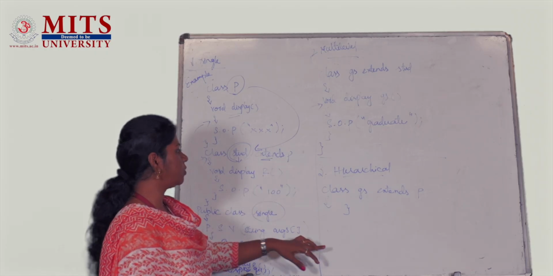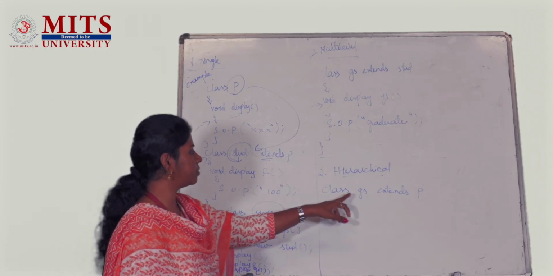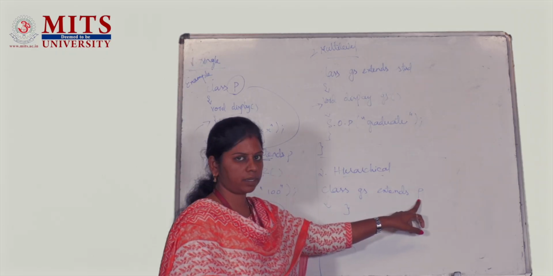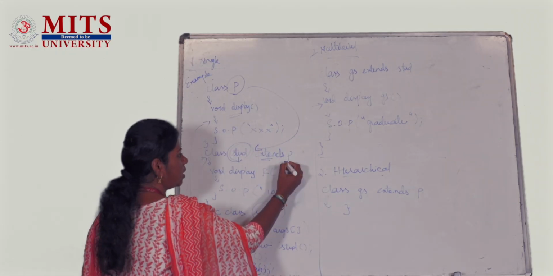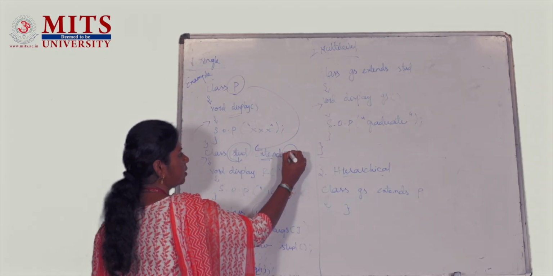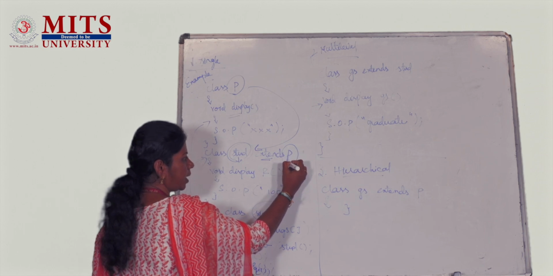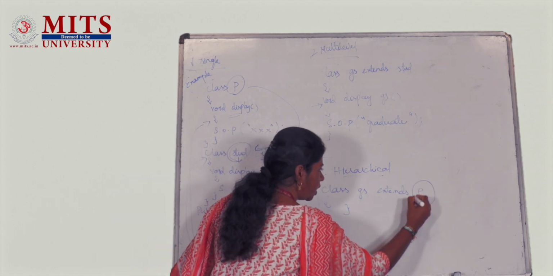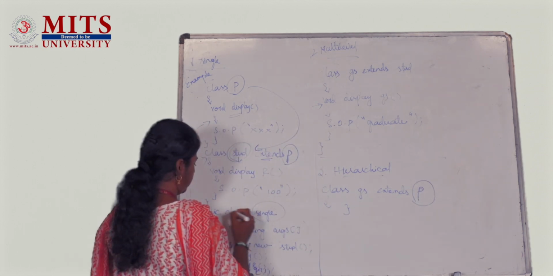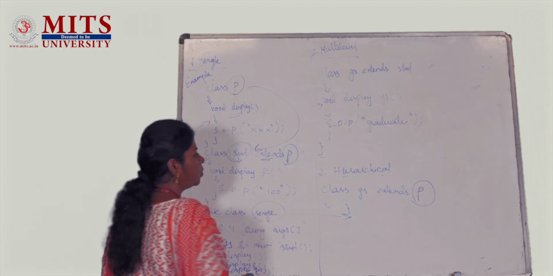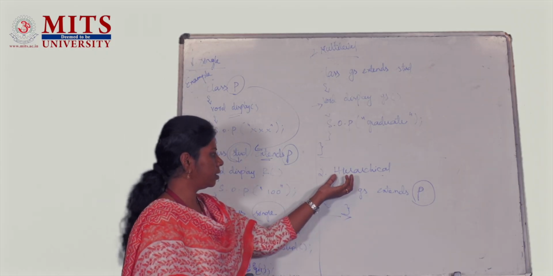Again, we are going to derive one more subclass, class graduate extends P. Here also we are deriving properties from a parent class, and here also we are deriving properties from a parent class. This is about our hierarchical inheritance.